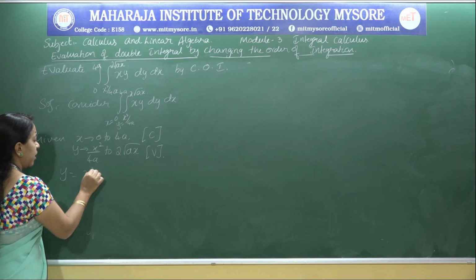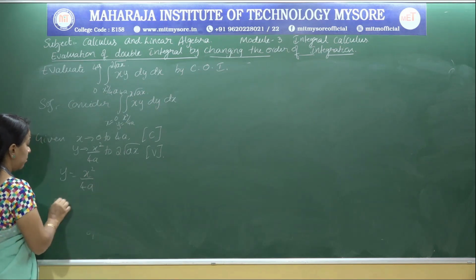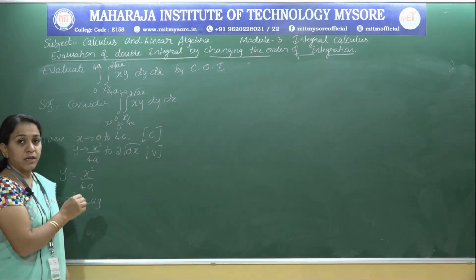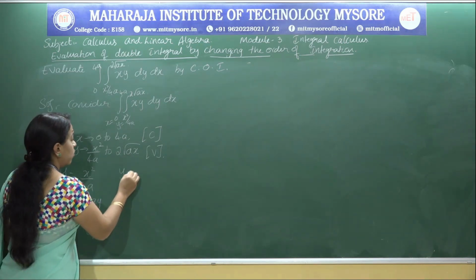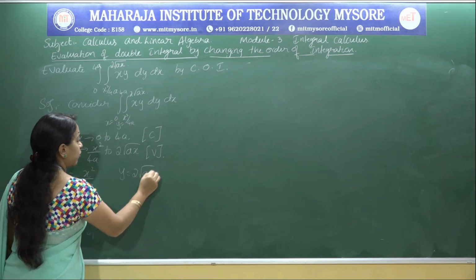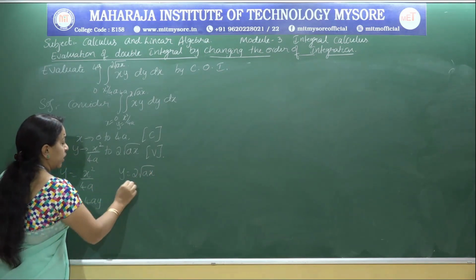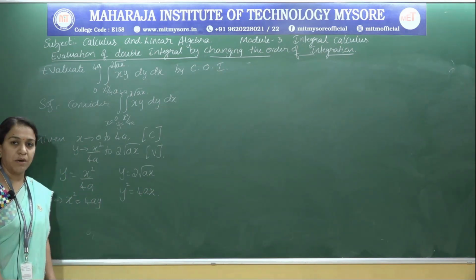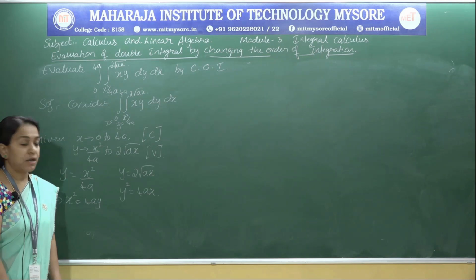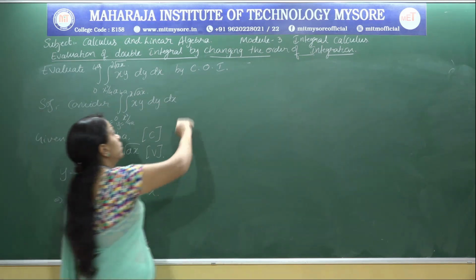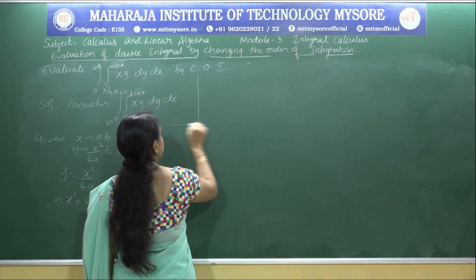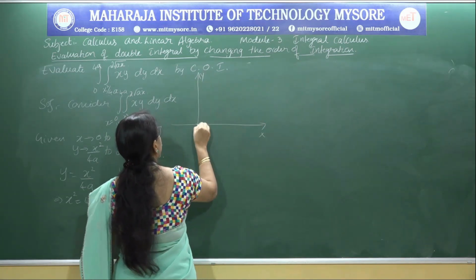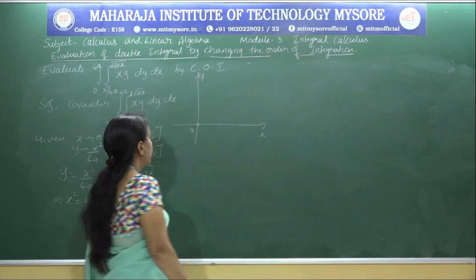y equal to x square by 4a is nothing but x square equal to 4ay. Yes, it is nothing but a parabola. Another one, y equal to 2 times of root of ax is nothing but y square equal to 4ax. Of course, this is also a parabola. So we should represent the parabolas. So consider a coordinate axis, xy axis, and this is of course the origin.